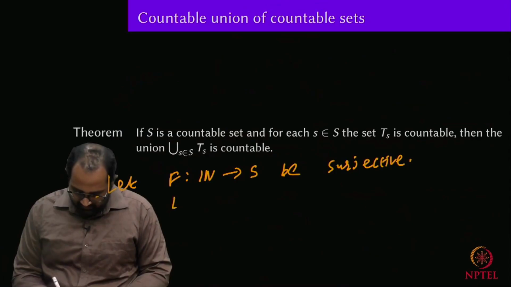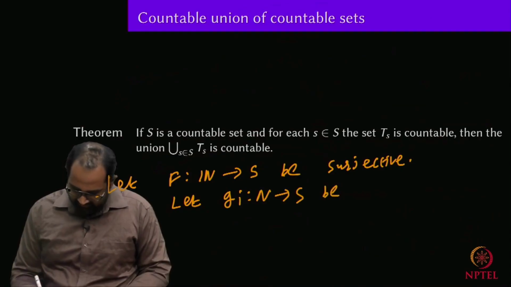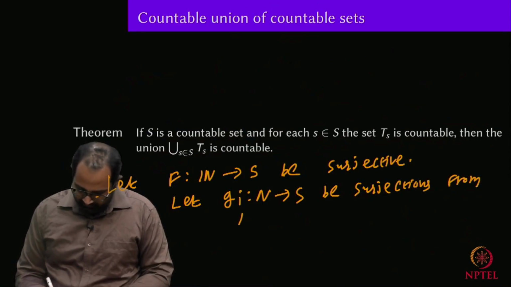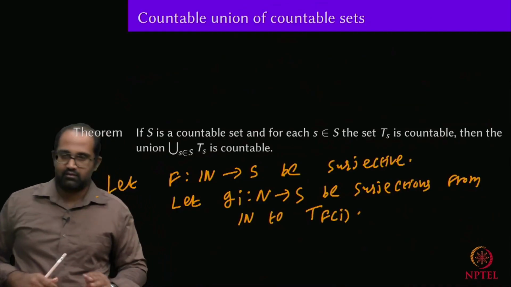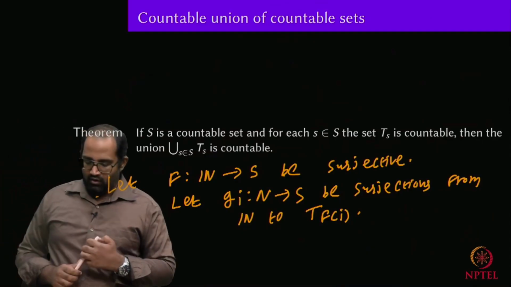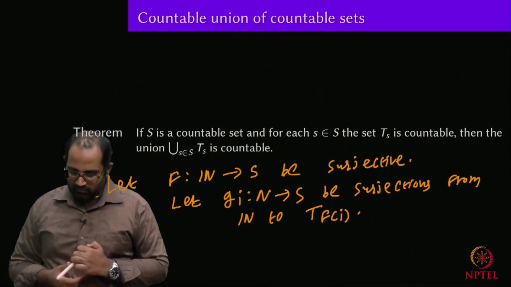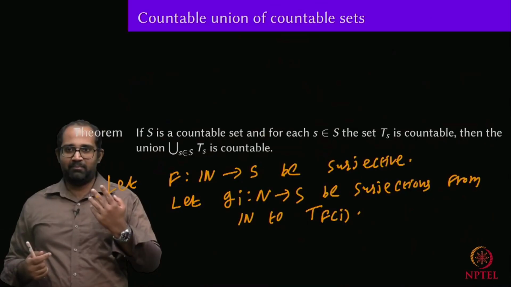Now let G_i from N to T of F_i be surjections. This is the toughest part. The notation is making it look more complicated than what it actually is. There are three possibilities.